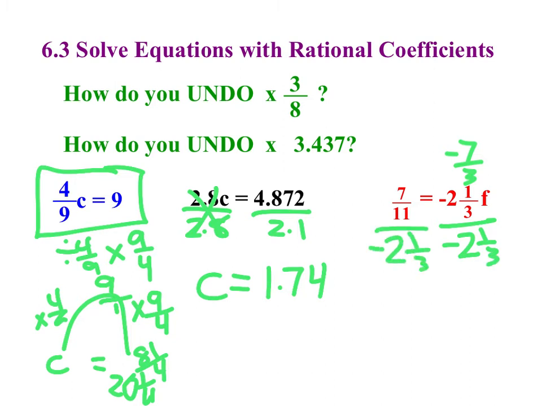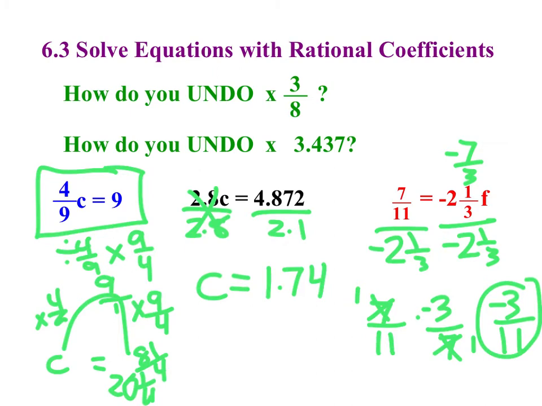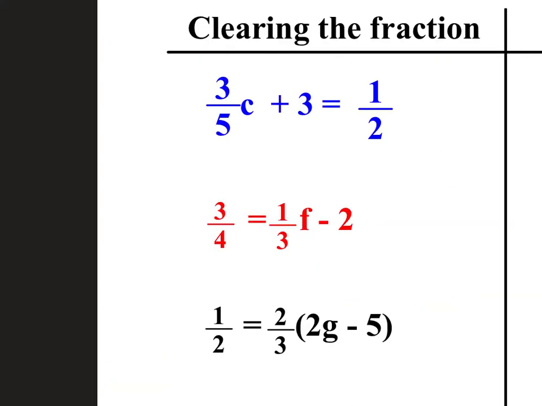Or if you're doing it by hand, you're going to multiply by the reciprocal. So that would be 7/11 times the reciprocal, which would be -3/7. Cross simplify, 1, 1. 1 negative makes it negative, and your answer is -3/11.